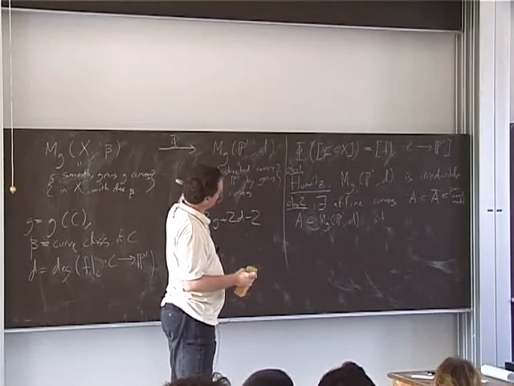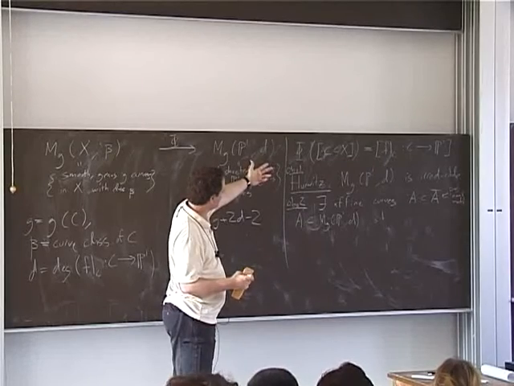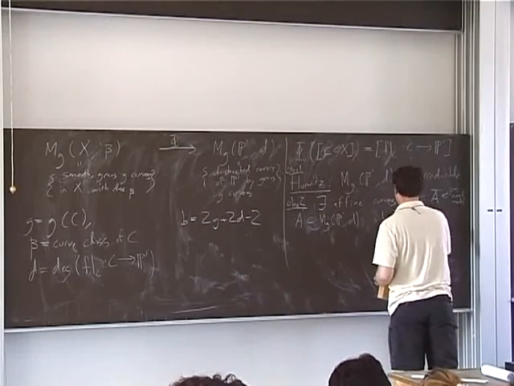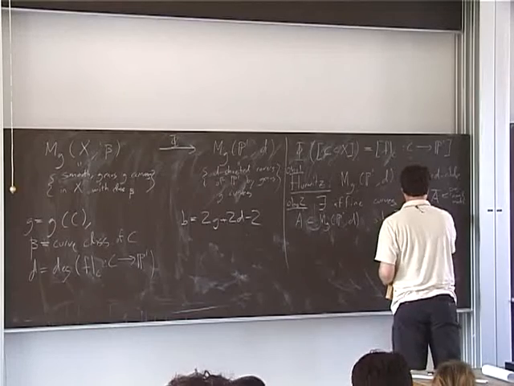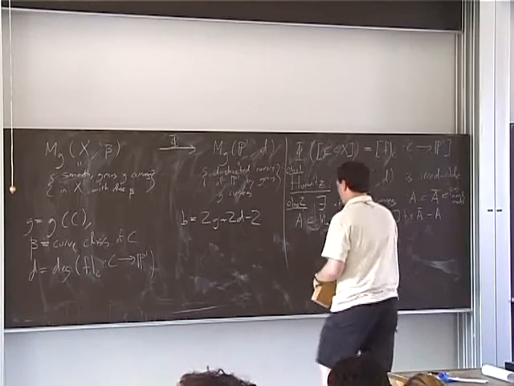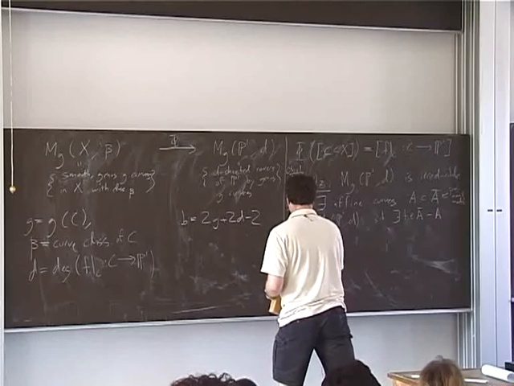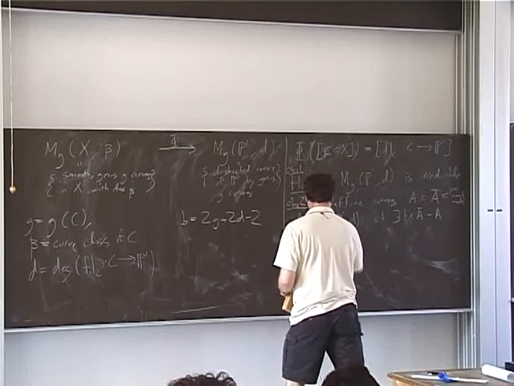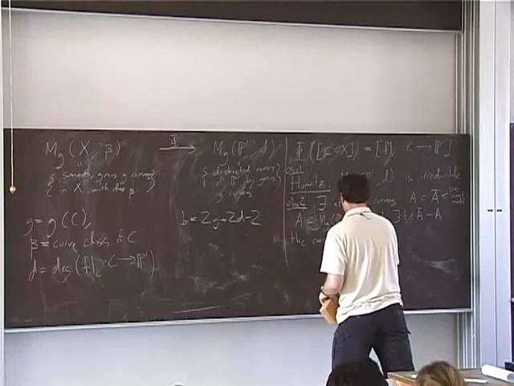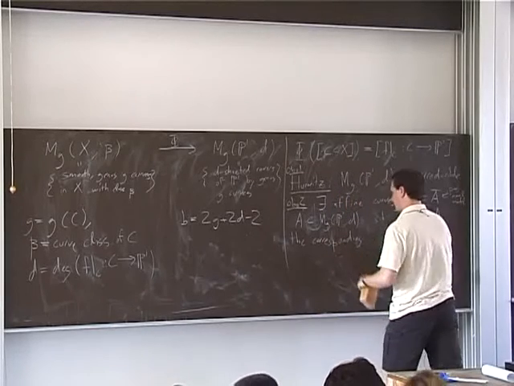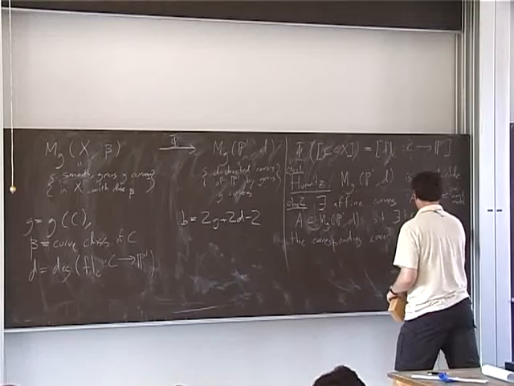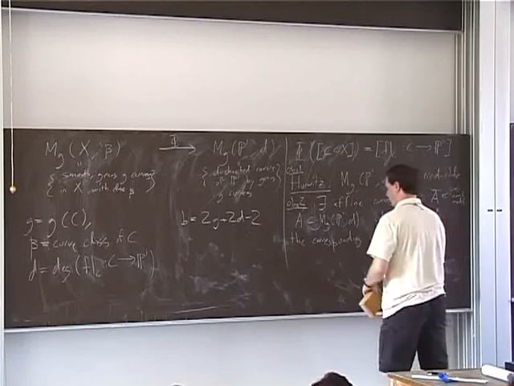We can find a one parameter family of covers of P1 such that in the limit, so if we take one of the points in A bar minus A, one of these missing points, then the cover we end up with, so it won't be a cover by a smooth curve. I mean, we don't want it to be. The point of cooking this up is that the corresponding cover of P1 has an irreducible component.